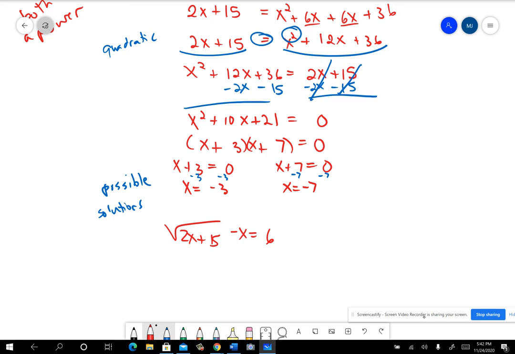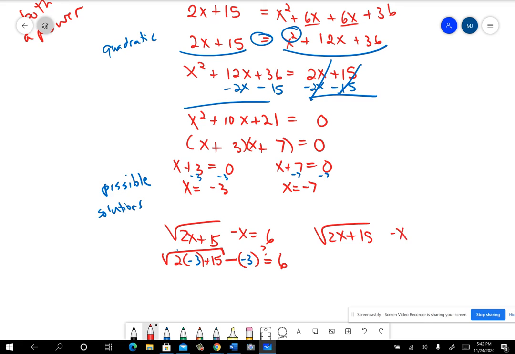So I'm going to plug in the -3 for x, and this is a little weird. So let me make sure that's clear. So that's the square root of 2 times the -3 plus 15, and the radical right there. Then you have minus -3, and the question is, would that be 6? Okay. And then I'm going to plug into that equation.